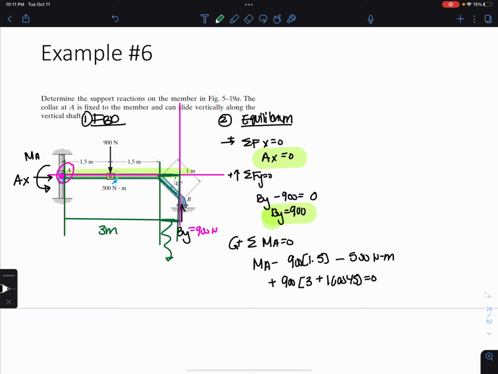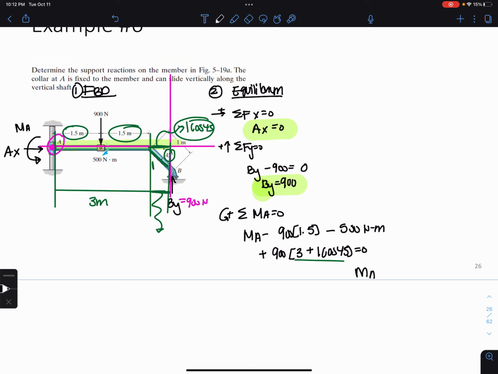So if the hypotenuse of the triangle is 1, and this is 45, that means that this part is 1 cosine 45. So the moment arm is 1.5 meters plus 1.5 meters plus 1 cosine 45, which comes out to 3 plus 1 cosine 45. If I solve for this, I end up getting MA is 1.49 kilonewton meters clockwise.